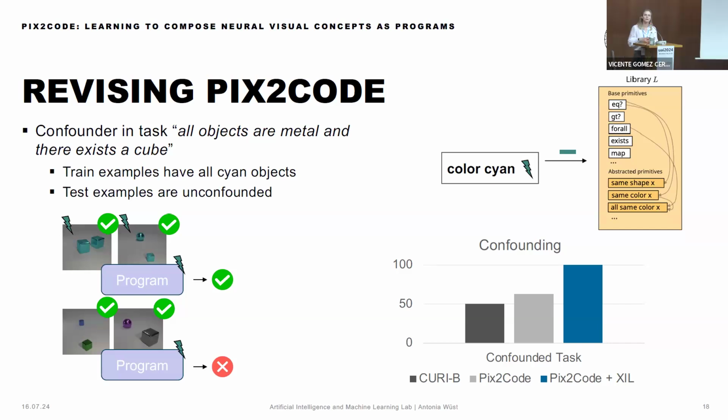So you mean the stuff with which you could describe the confounder is not present in the library? But then you would also not be able to build a program that is looking for the confounder, because you don't have the base primitives to build it.